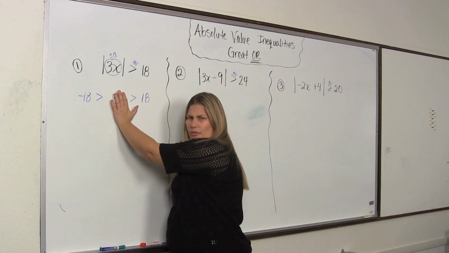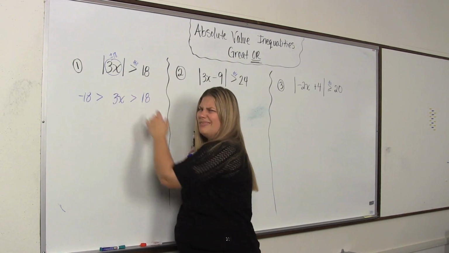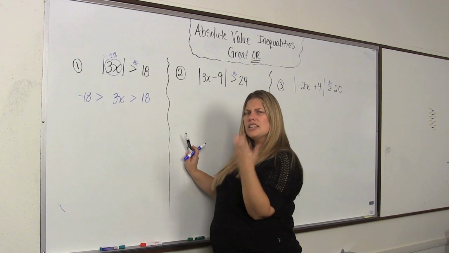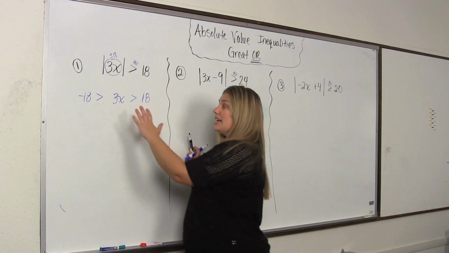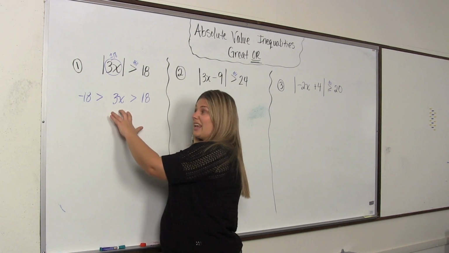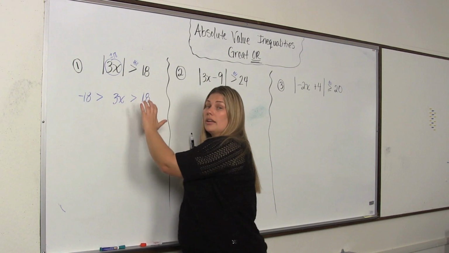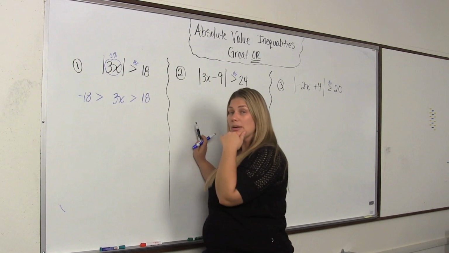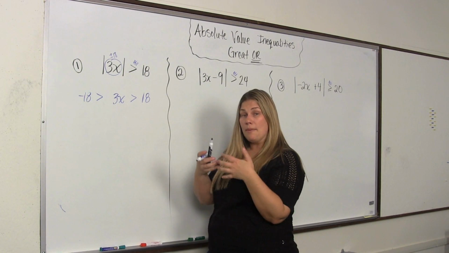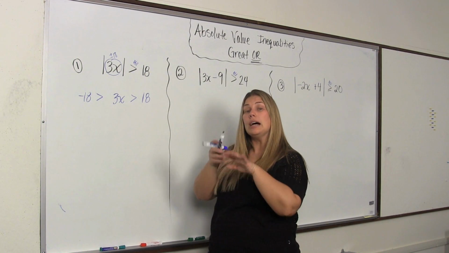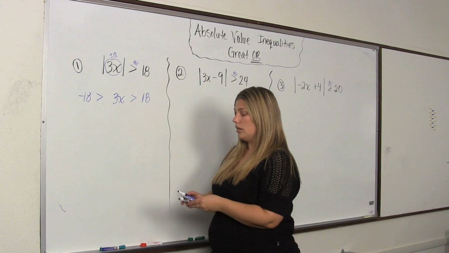Is a negative greater than a positive? No. Well, if it's not true, that's why it's not an "and." There isn't a number in between where negative 18 is bigger than a positive 18. So if it's not true, we're not going to fill in the middle. It's actually going to become an "or" inequality.